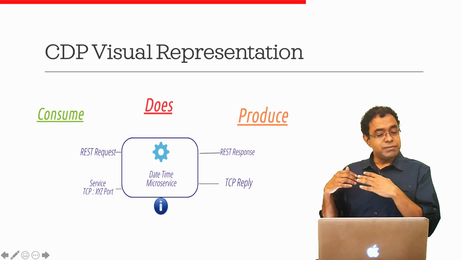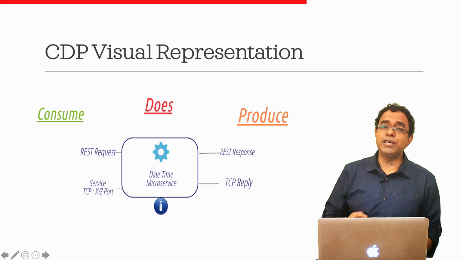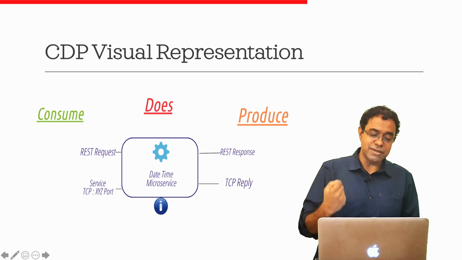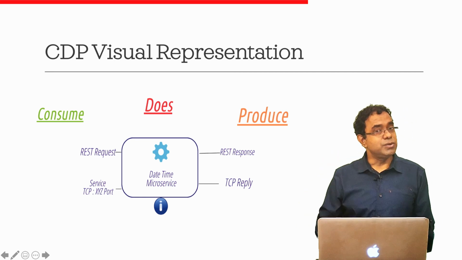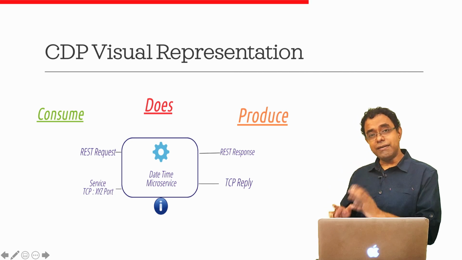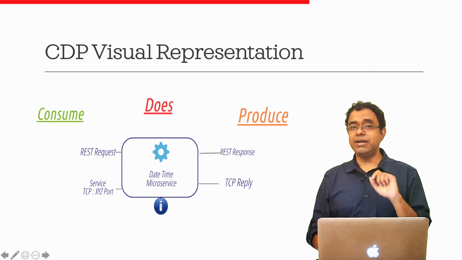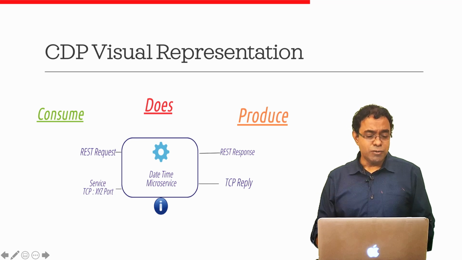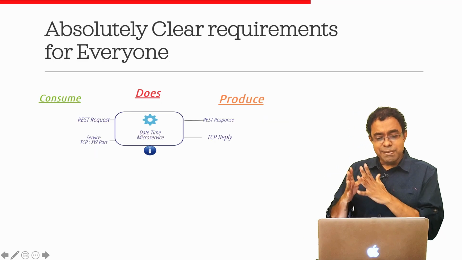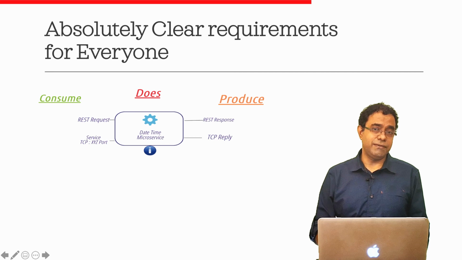Okay. So this requirement is very clear: you want to create a date time microservice which can do REST request and response and have a service on a particular TCP port, which means there is an absolutely clear requirement for everyone.